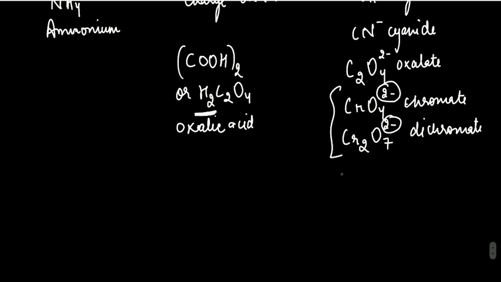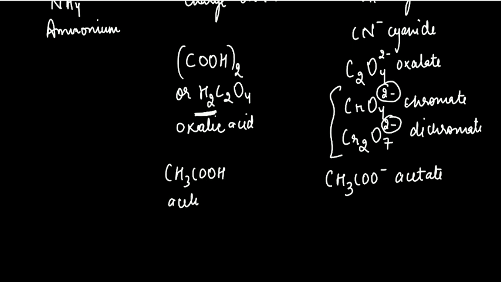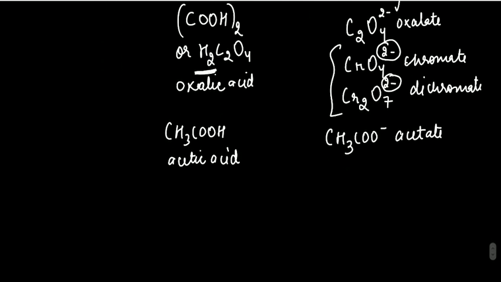Then we go to acetate, CH3COO minus. Acetate comes from acetic acid. It's an organic acid. Acetic acid is also present in vinegar. Then we can write zincate, ZnO2 with a 2 minus charge.